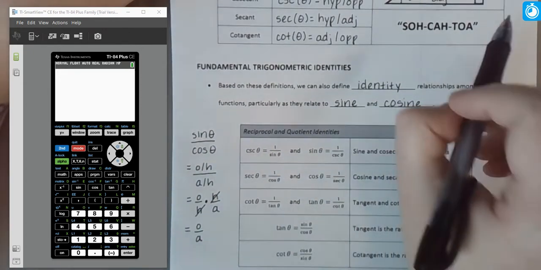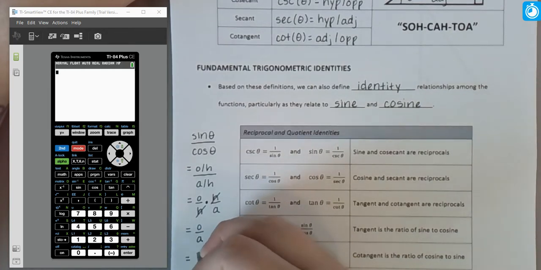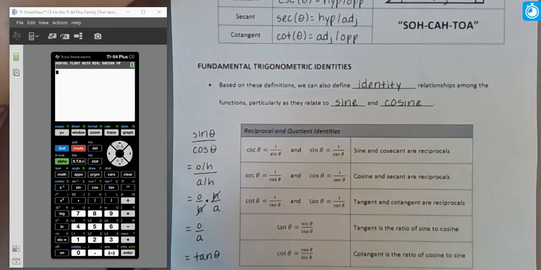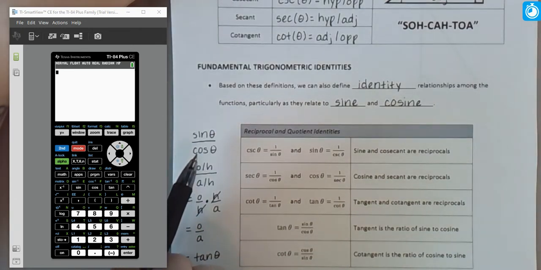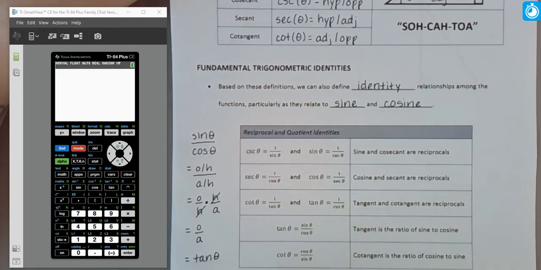Opposite over adjacent is our definition for tangent. So that verifies that the ratio sine theta over cosine theta is, by definition, the same thing as tangent theta. So that's a verification that this identity is in fact true.